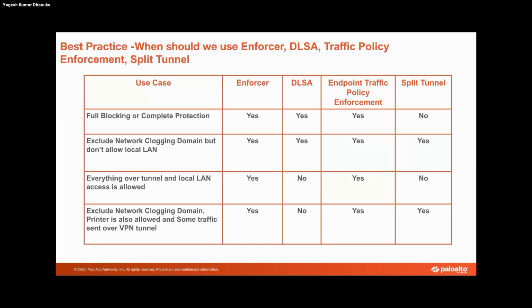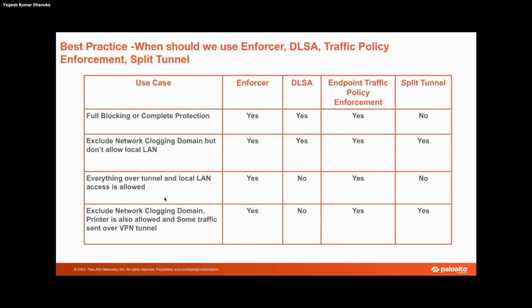So here we are enabling all of the features. We have defined the domains under split tunnel, say Netflix and YouTube. And then we are also blocking incoming traffic via endpoint traffic policy enforcement. We are also blocking outbound traffic using the enforcer, and then we are disabling local network access.